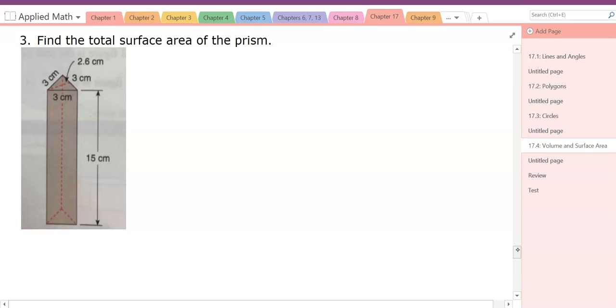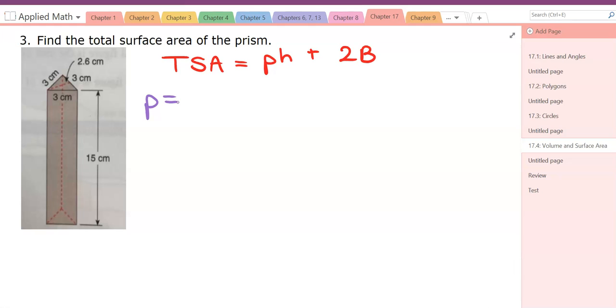So total surface area of the prism. We're going to use that exact same formula that we were just using on that cylinder. So I'm going to go ahead and do what we did last time, break this apart into those small pieces. So let's start with finding perimeter of the base. What shape is the base on this prism?